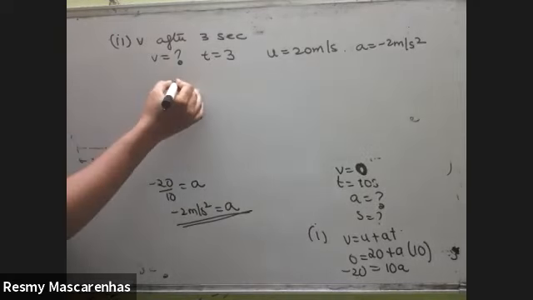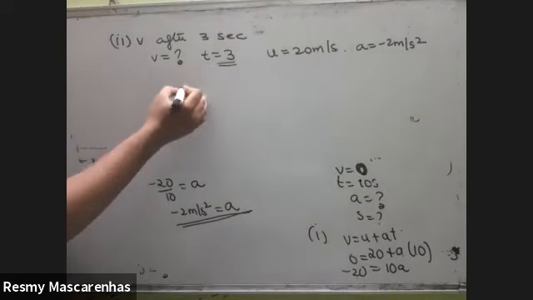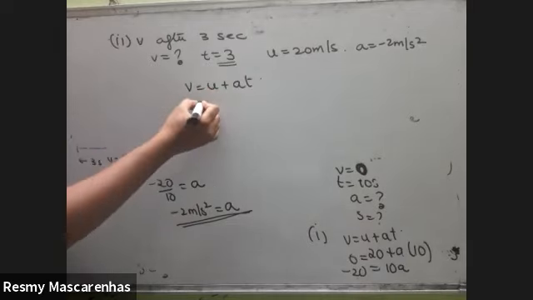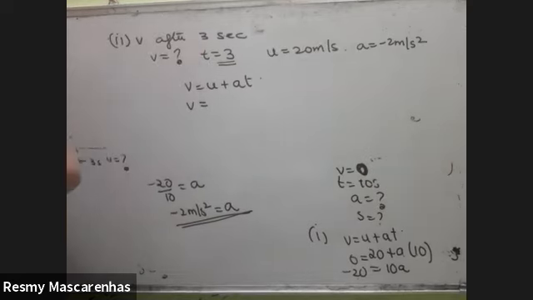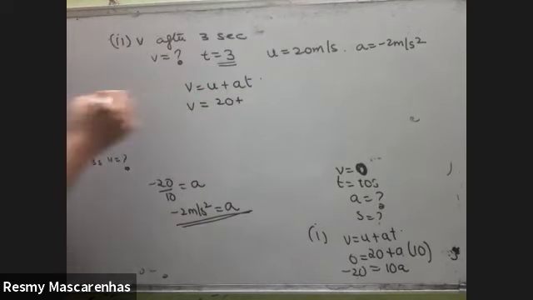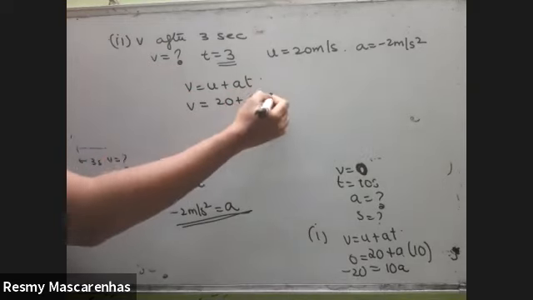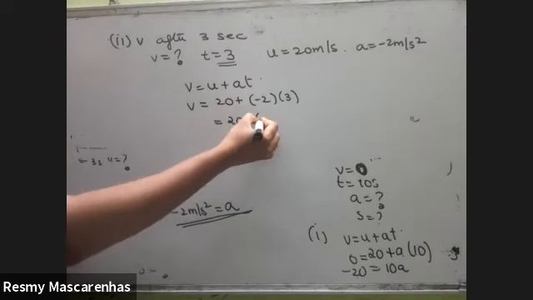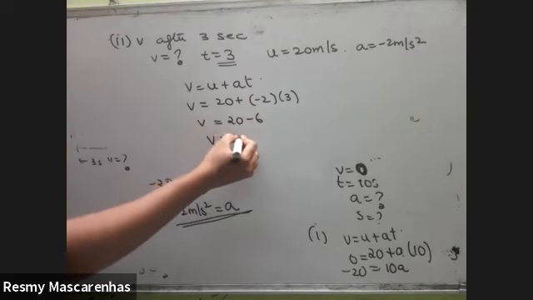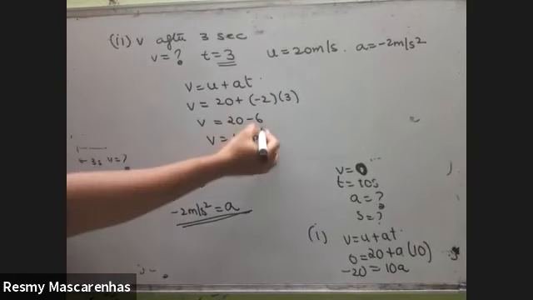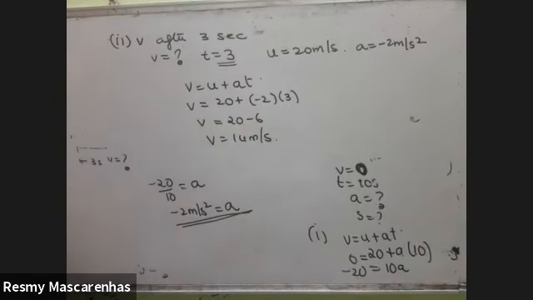So after 3 seconds means time is 3 seconds. We have to calculate the velocity after 3 seconds. So U will be 20, A is minus 2 and time is 3. Velocity is 14 meters per second.